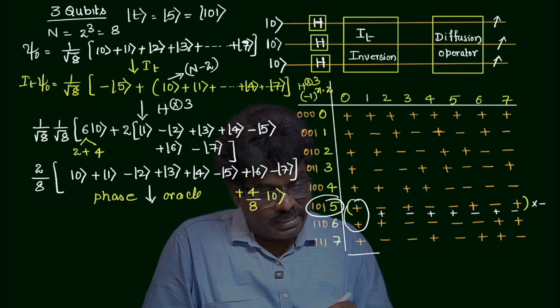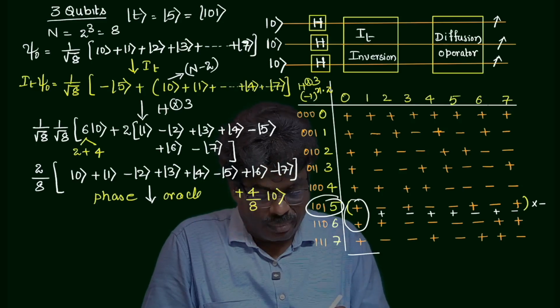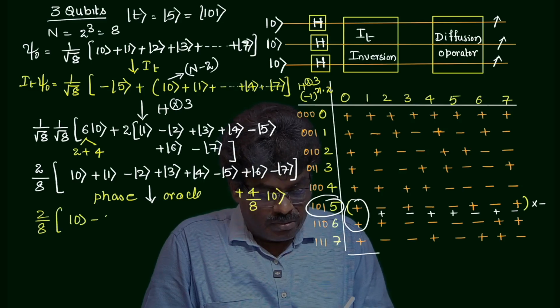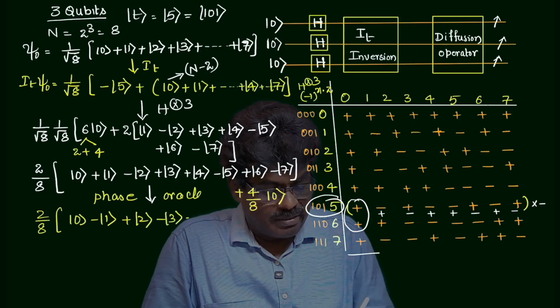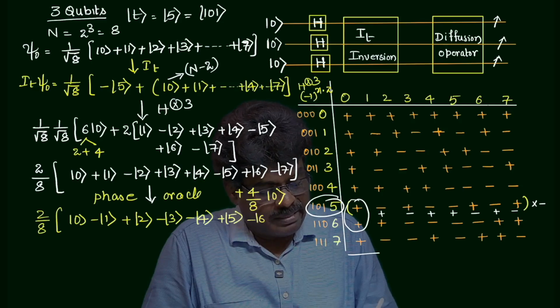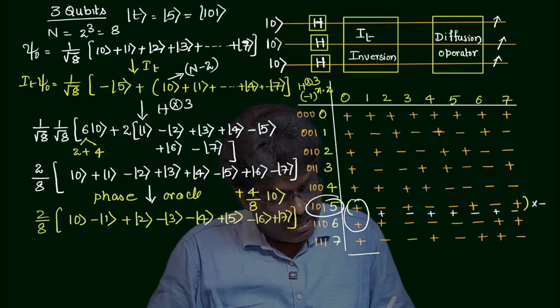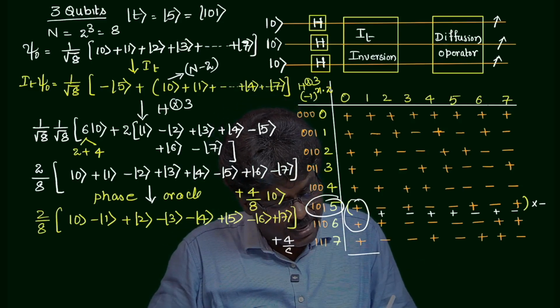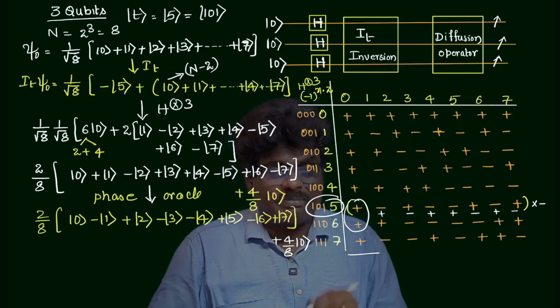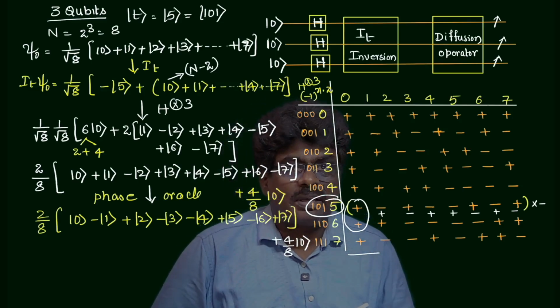So that's why I'm not cancelling this. So 2 by 8, 0, minus 1, plus 2, minus 3, minus 4, plus 5, minus 6, plus 7. Now carefully observe please. And after that, the 4 by 8 into 0 as it is. No need to worry.